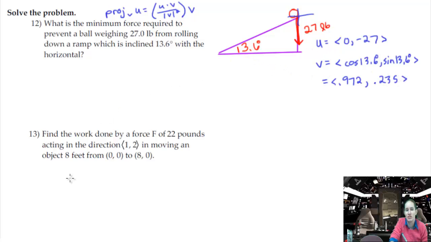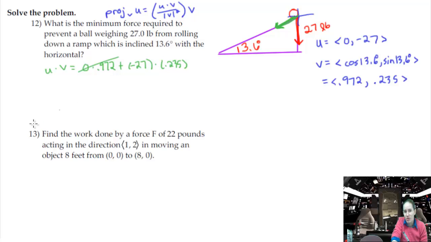We're trying to find the projection of u onto v, because that's going to give us a vector going along this hill to represent the force with which the ball is actually rolling down the hill. So u dot v will be 0 times 0.972 plus negative 27 times 0.235.